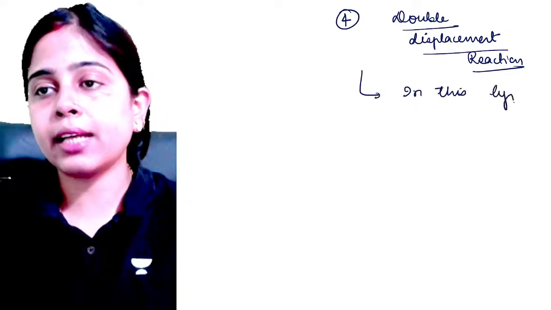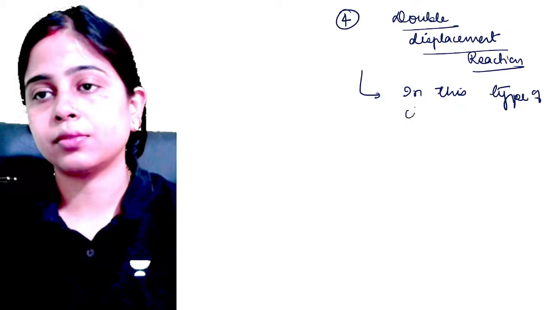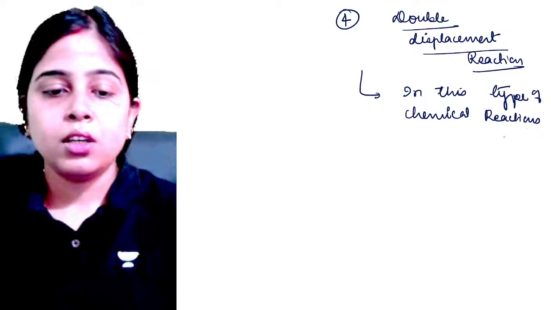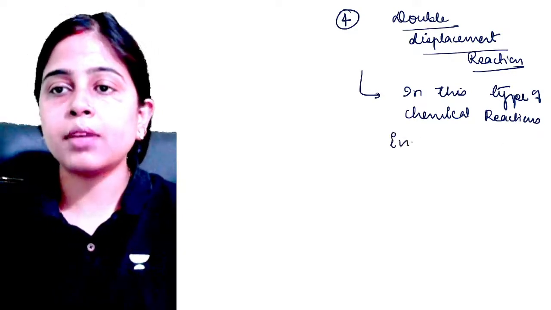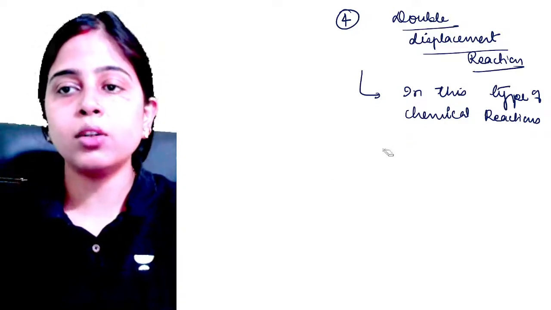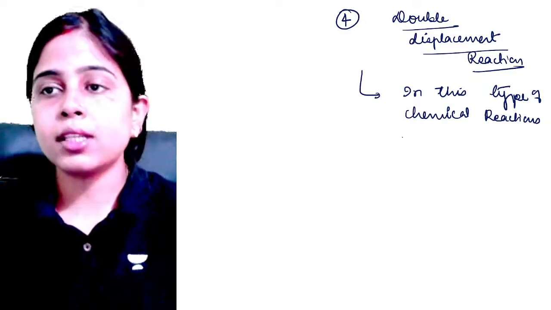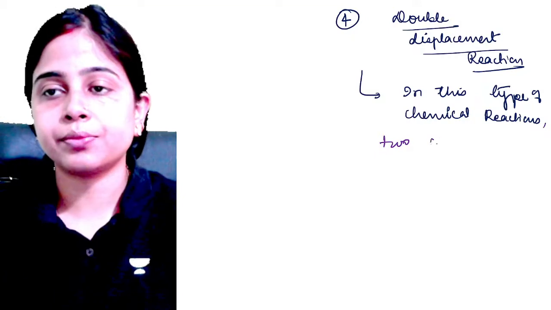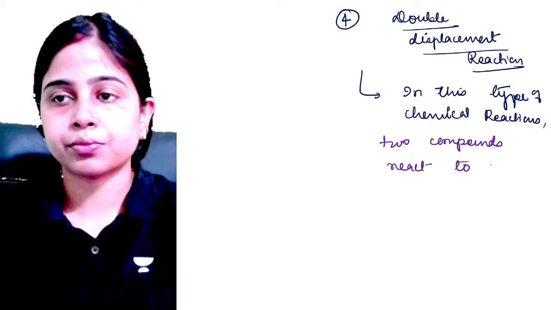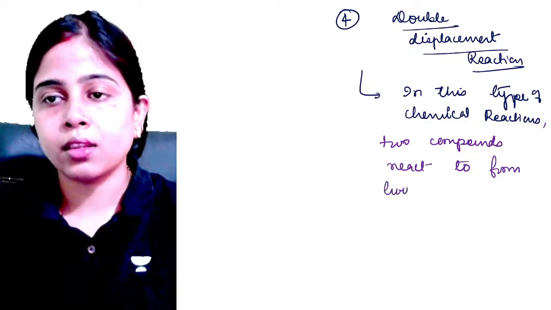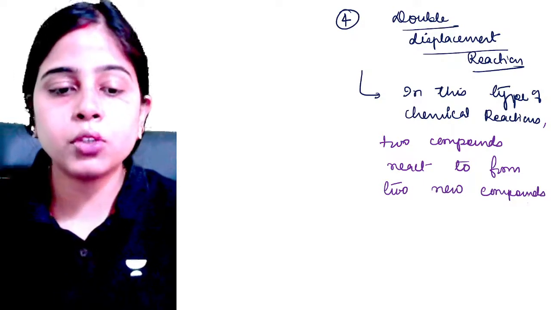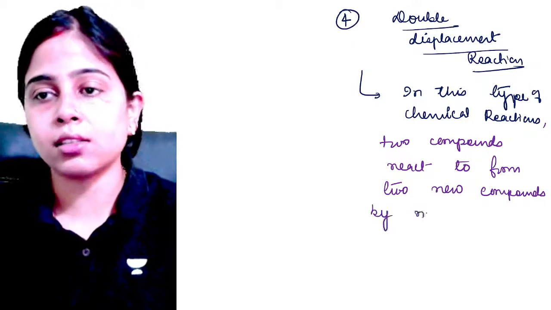In this type of chemical reaction, two or more compounds, you can say two compounds, basically only two compounds, react to form two new compounds by mutual exchange of radicals.